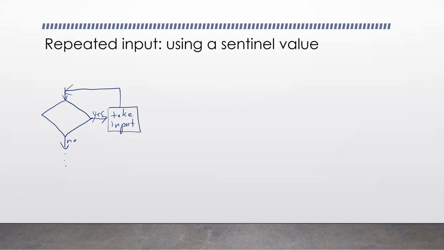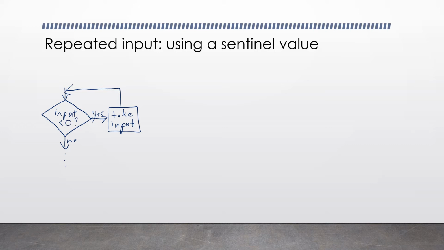So let's say we're taking a list of numbers such as student grades that will always be greater than 0, or at least 0. I mean, you can get a 0, but you can't get a negative grade. So we check the question, is input less than 0?